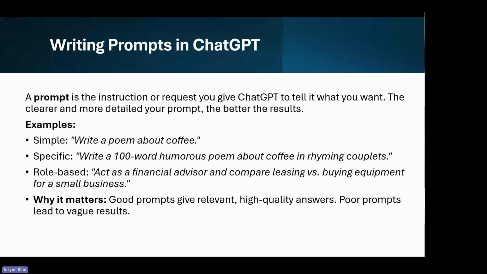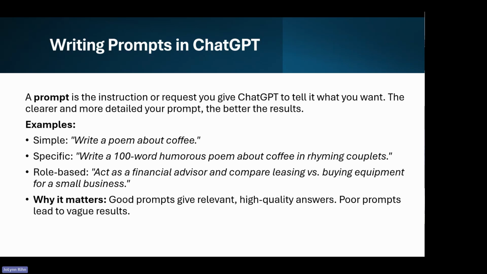You can give it a simple prompt like, write a poem about coffee, or we can be more specific and say, write a 100-word humorous poem about coffee in rhyming couplets. Or we could do it role-based. And I do this quite a bit, where I'll say, act as a finance advisor and compare leasing versus buying equipment for a small business.